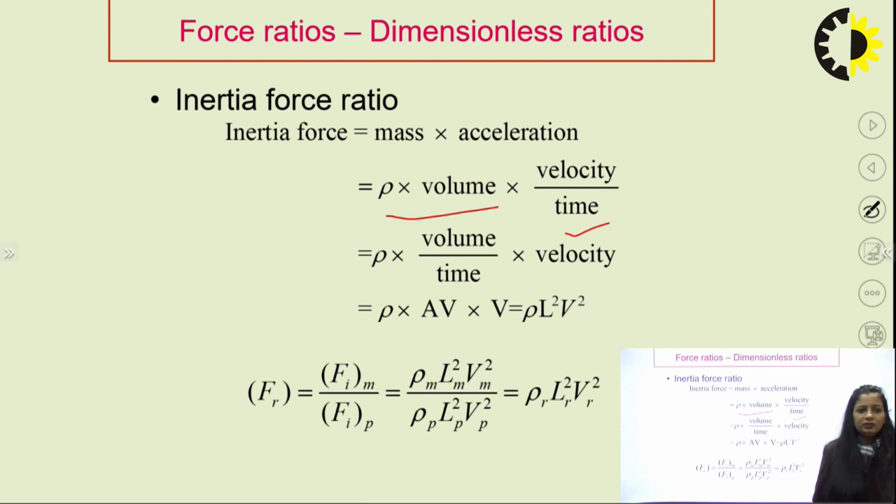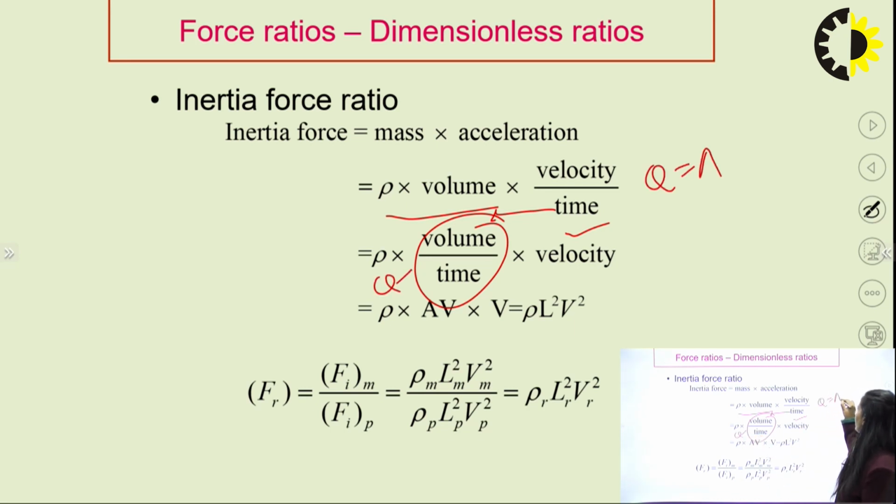Now take time here, so this will be volume divided by time, or you can say discharge, and we know very well discharge is equal to area multiplied by velocity. So here you can write AV, and here is velocity itself. So the inertia force is now rho L square V square.